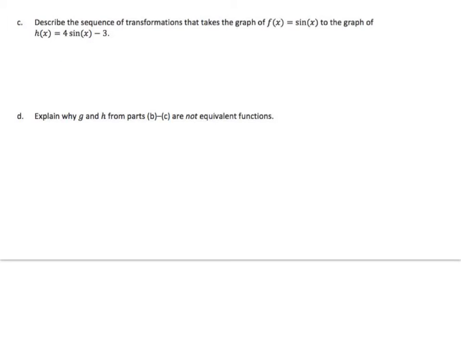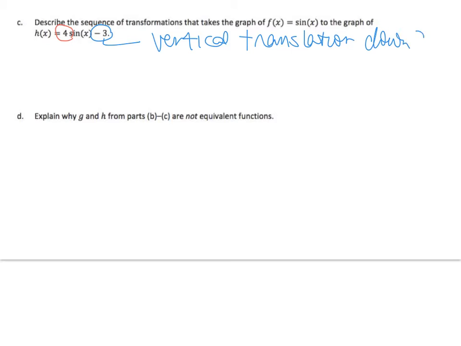Describe the sequence of transformations that takes the graph of f of x equals sine x to the graph of 4 times sine x minus 3. Well, that minus 3 is still going to be the vertical translation or shift down 3.